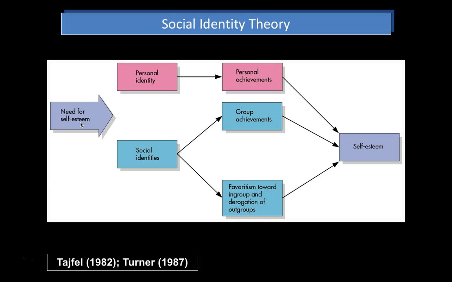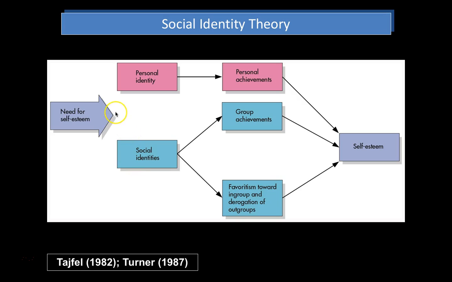It's a healthy thing. It helps us make it through the world, to feel good about ourselves and not feel bad about ourselves. And so we value our personal identity, and part of that whole self are our social identities, the groups that we identify with, that we belong to.